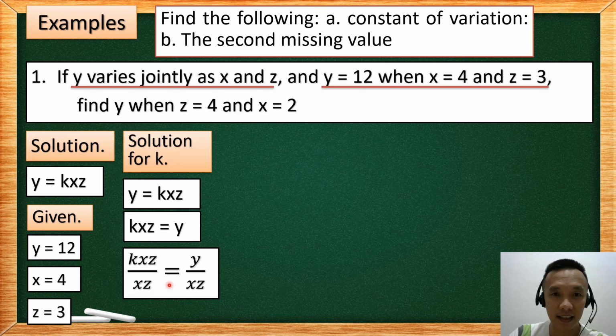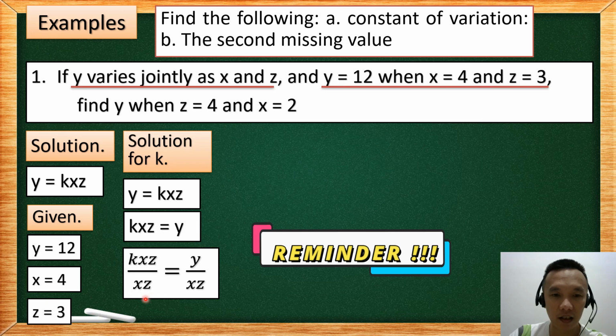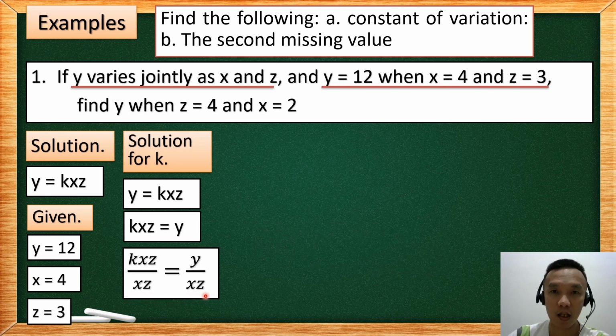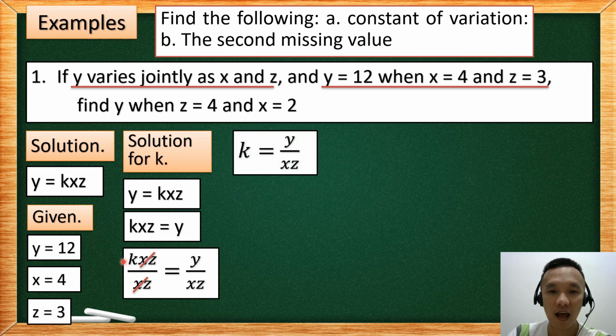Since this is an equation, if you divide on this side, you will also divide on the other side to balance out the equation. You cancel the xz in the numerator as well as the denominator. So what will remain here is the letter k, and you simply copy y over xz.